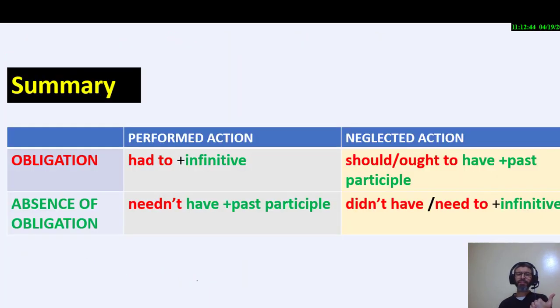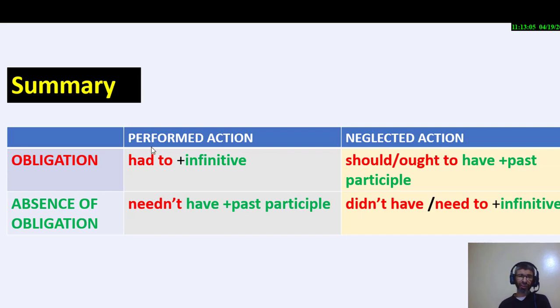Okay, now summary. For obligation, we can use had to plus infinitive if the action was performed, and if the action was not performed or neglected, we use should or ought to plus have plus past participle.